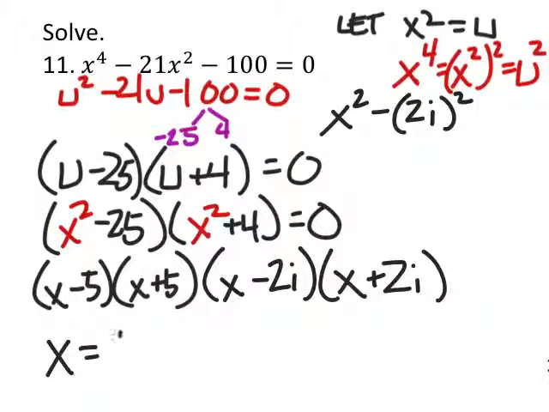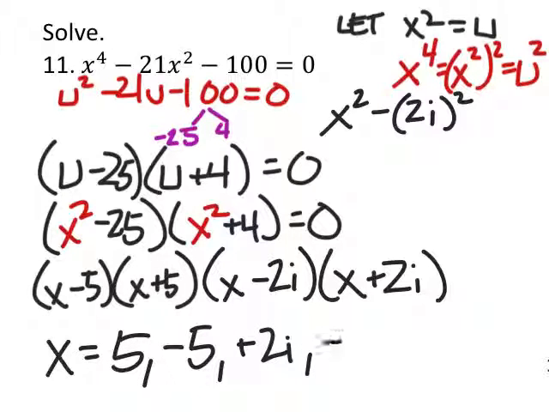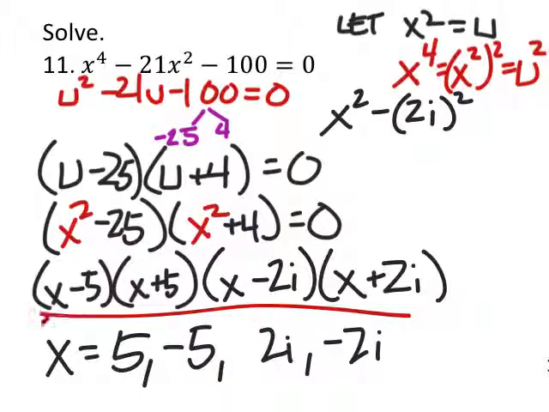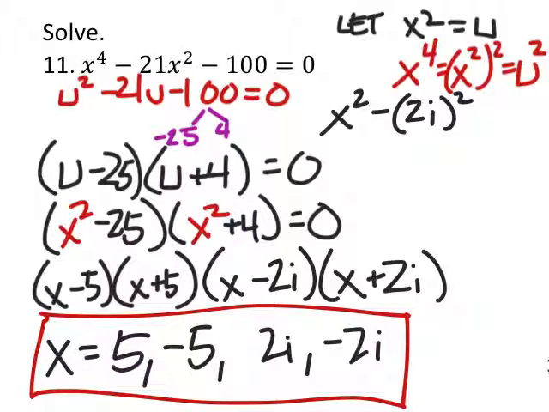We have x equals 5, negative 5, positive 2i, and a negative 2i. I don't have to show that positive there. Okay, and this is the final answer for this problem.